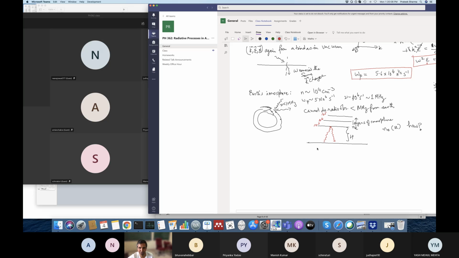So how would you do that? 10 to the 3 corresponds to some omega p, right? If you launch this wave at this frequency, it's reflected. So you can measure the travel time because it's almost vertical propagation if you consider. You measure the travel time. So twice h by c, right? This is the travel time.